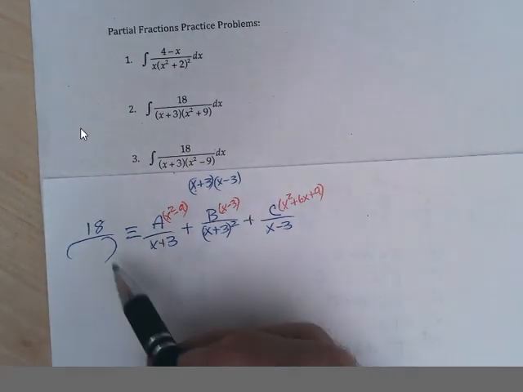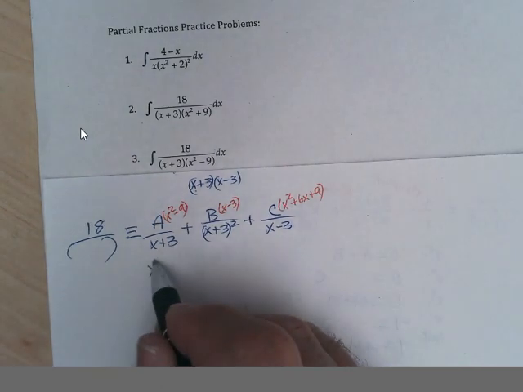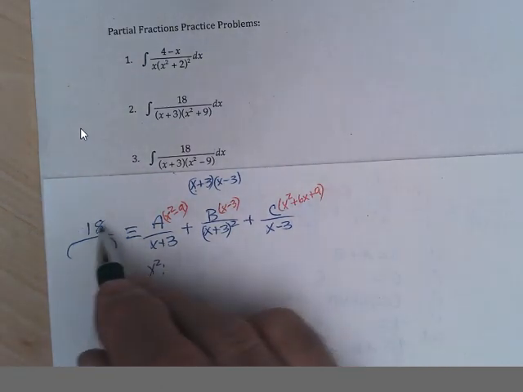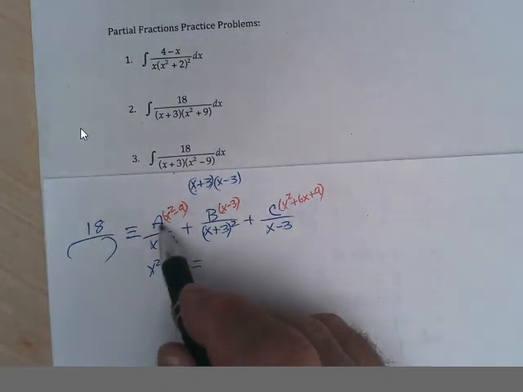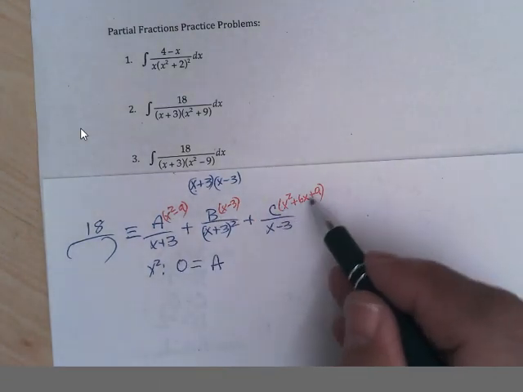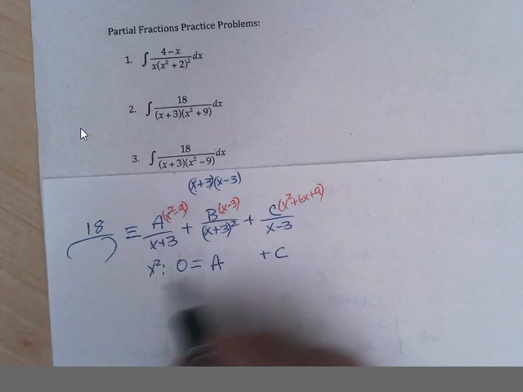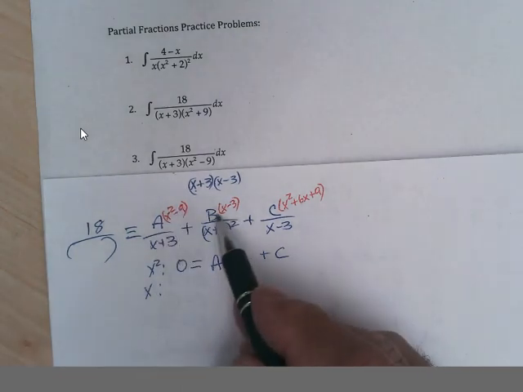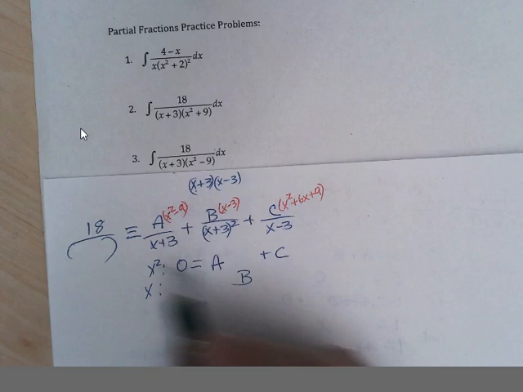So I got x squareds. None there. I have a, no b's, and a c. X's. I have none. I have b. Over here I have none.